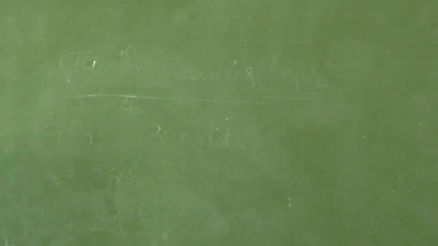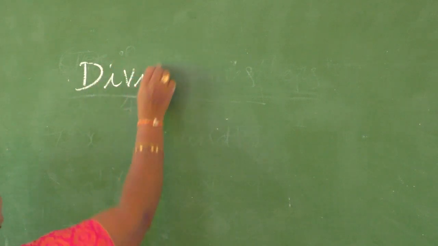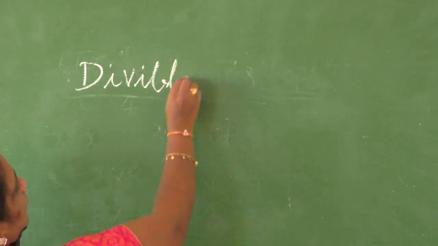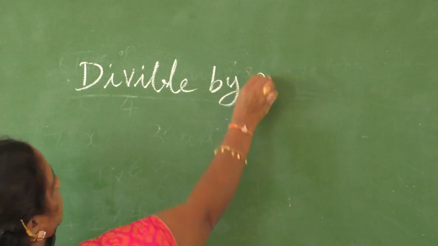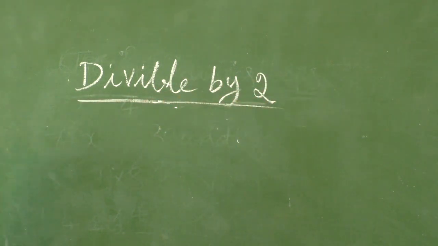Then divisibility rules. Divisible by 2. What is the rule for divisibility by 2? A number is divisible by 2 if the digit in the ones place is divisible by 2.